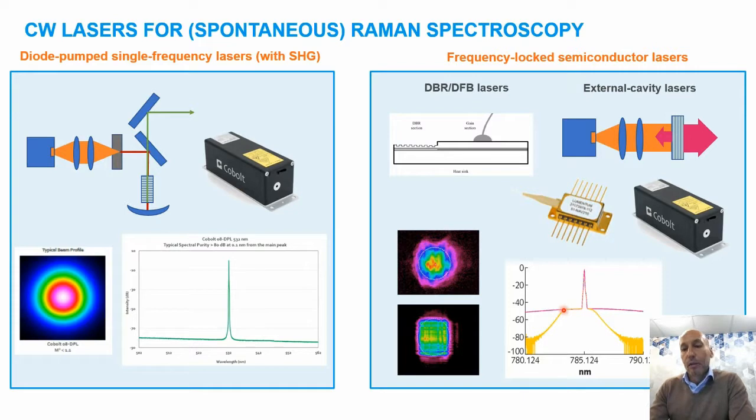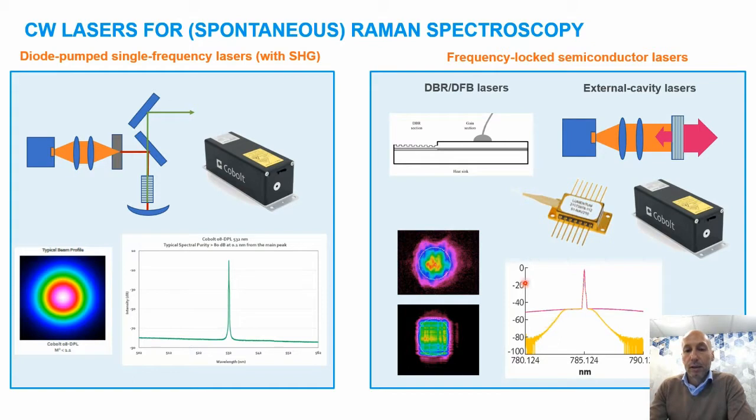In order to use this kind of laser for Raman spectroscopy, you have to have a spectral cleanup filter. Either you can use a dichroic cleanup filter like the yellow one here, which provides spectral purity of more than 60 dB, normally a few nanometers away from the main peak, which is typically okay for Raman spectroscopy in the fingerprint region. But if you want to use this kind of laser for low frequency Raman, you have to filter it with a narrower bandpass filter, such as a volume Bragg grating element.